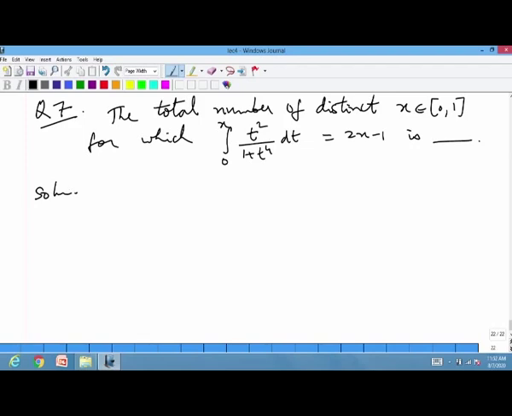So, we have to find the number of x for which this integral is equal to 2x minus 1.